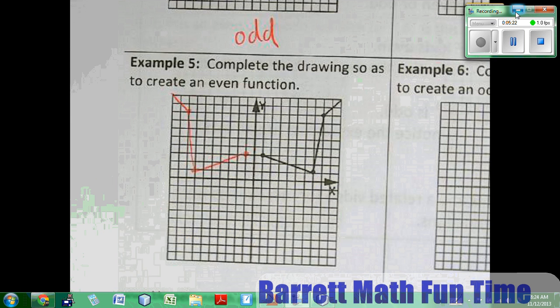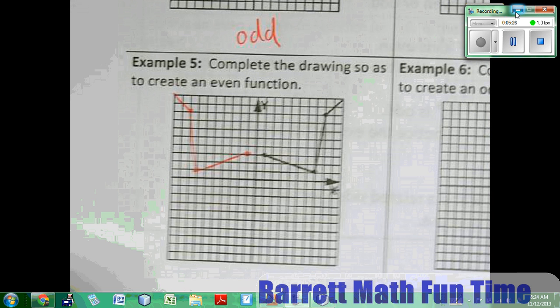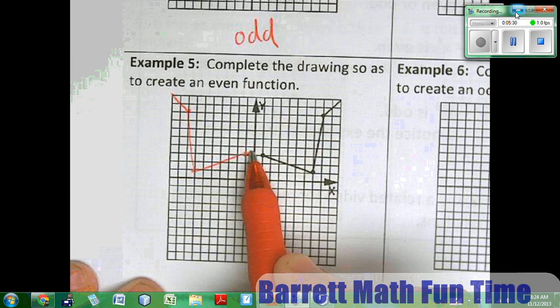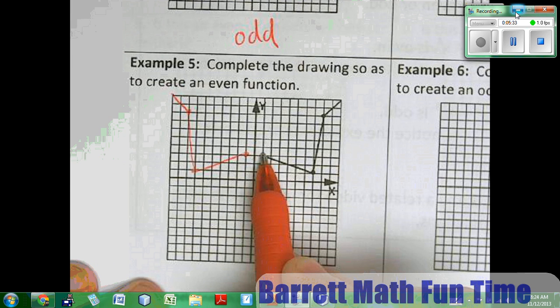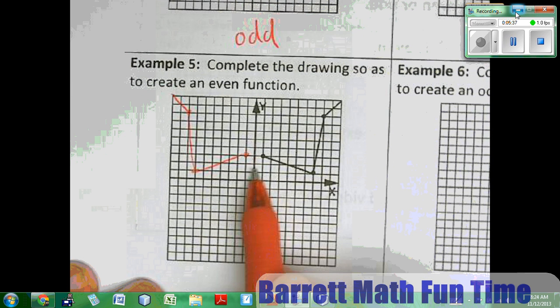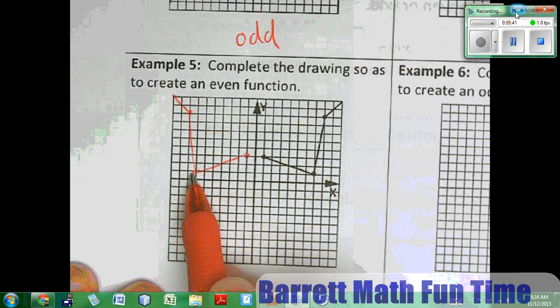So let me show you what we did, because it's important. I counted from the y-axis one away, and then I did it this way. And then from here, I did the 7 this way, right?